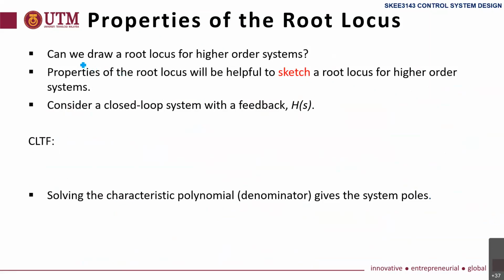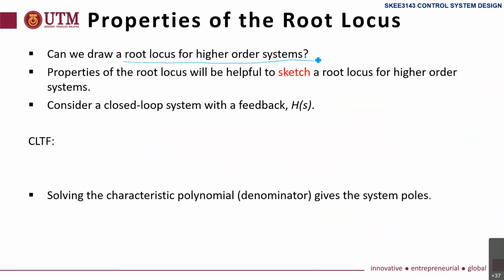So next, we want to draw a root locus, a graphical representation of the closed loop poles. The question is, can we draw a root locus for a higher order system? Higher order means maybe 4, 5, 6, many poles.